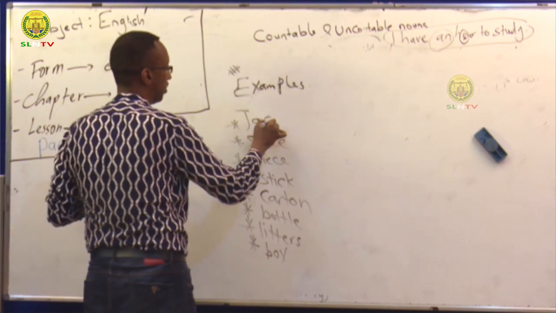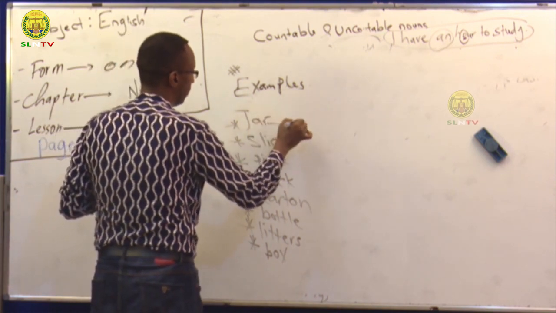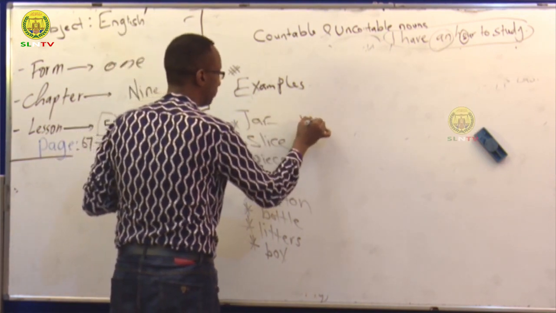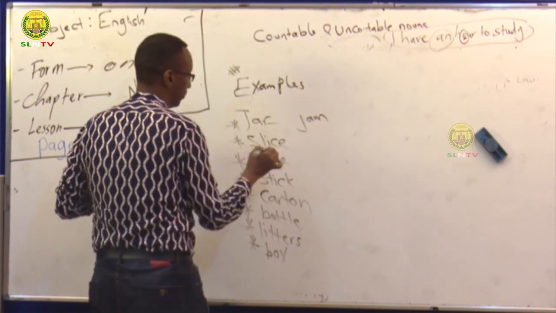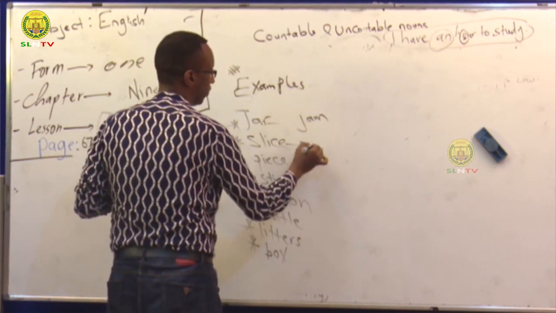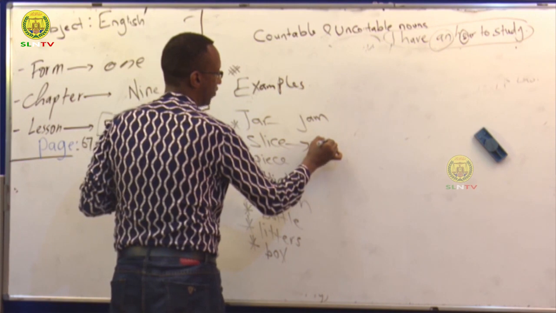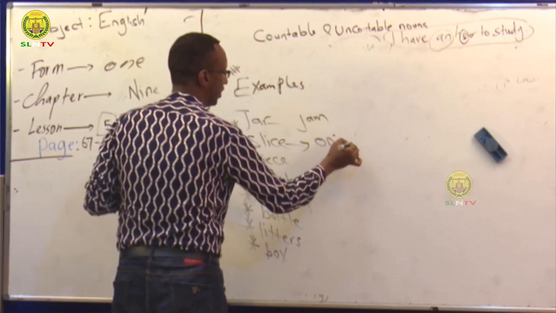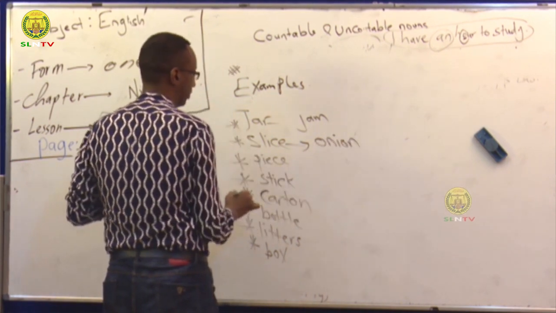So you can say a jar, you can use it with jam. Slice, you can also use it with vegetables like onion, slice of onions.